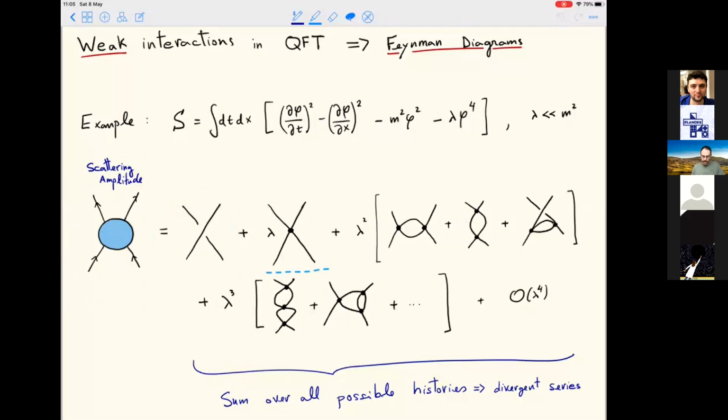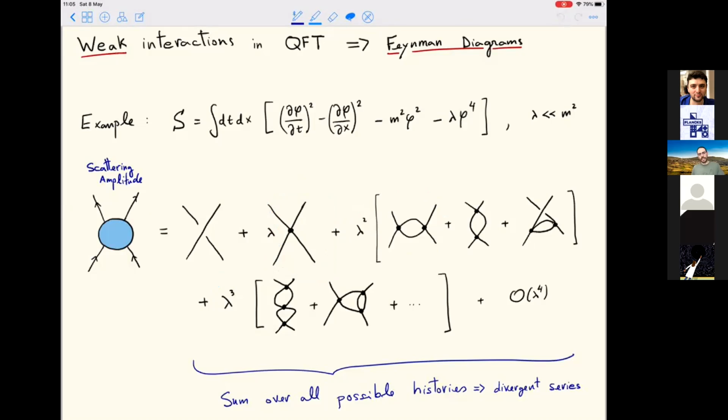But then to first order in lambda, they can interact, and this diagram tells you that there is a number to compute. There is a one-to-one map between the diagram and some integral that gives a number. And then at order lambda squared, you can draw several diagrams, but any diagram is basically a symbol for a number, and so on and so forth.